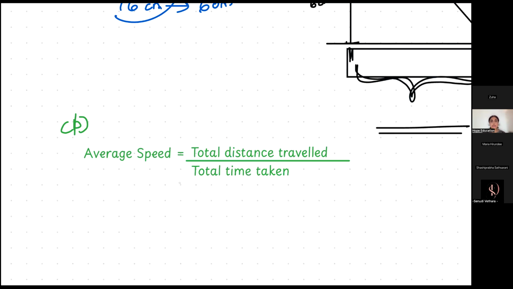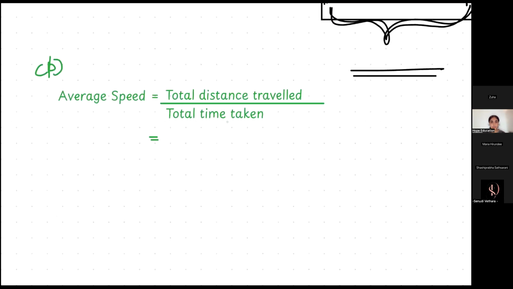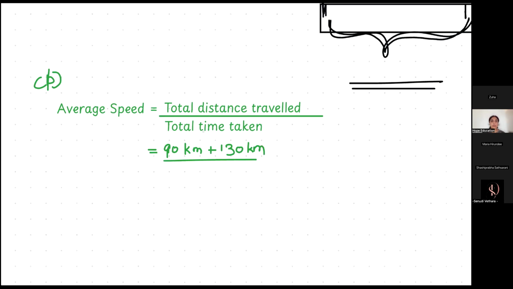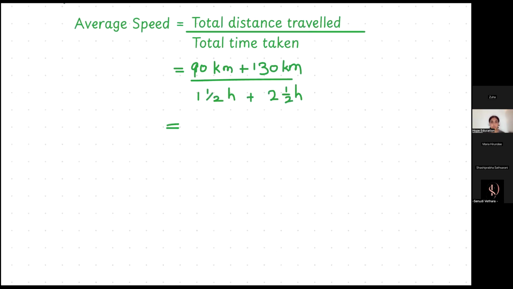So total distance now, here there is 90 kilometers and here there is 130 kilometers. එදක ඇඩ් කරන්නනේ ඕනේ. Hours මෙතන තියෙනවා 1.5 අතන 2.5. So 1.5 hours plus 2.5 hours. So 90 plus 130 is 220 kilometers.